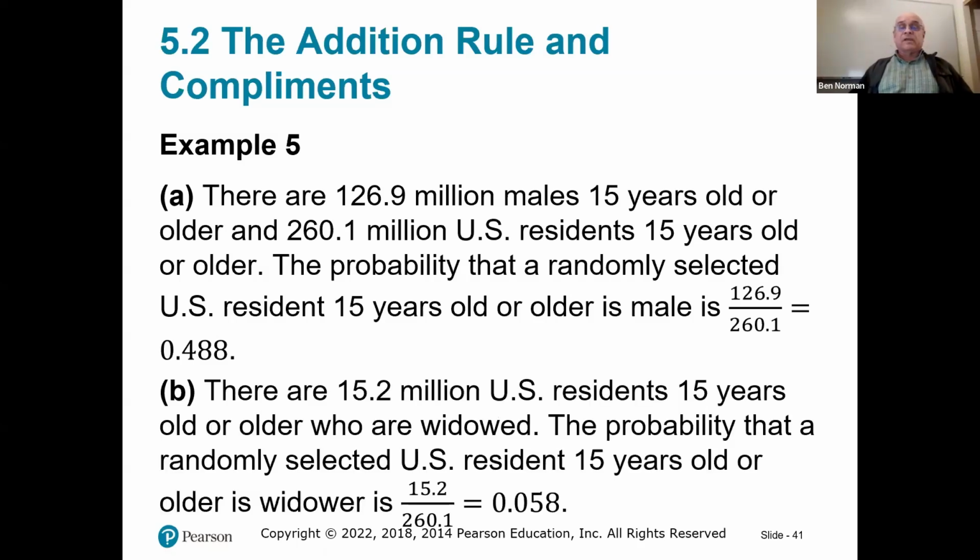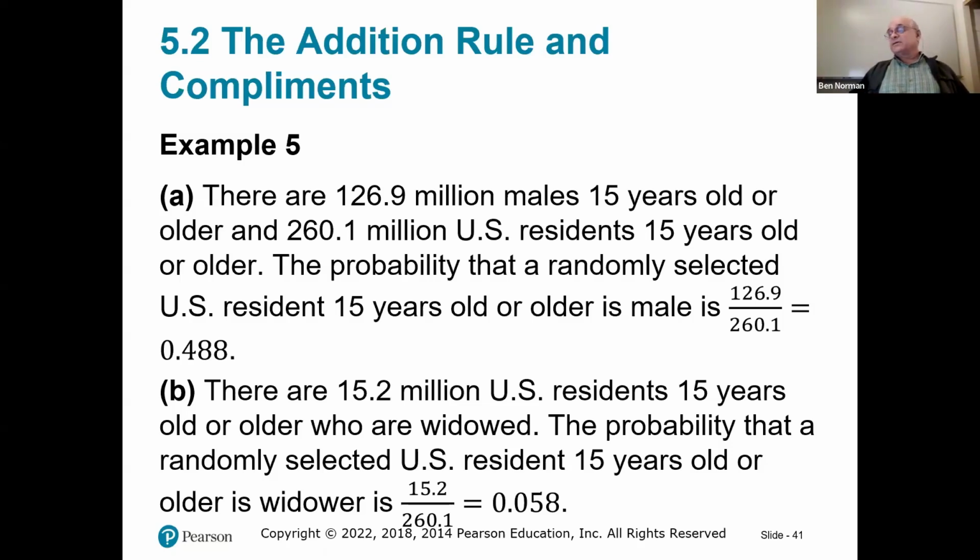Part B, there are 15.2 million residents who are widowed. The probability that a randomly selected U.S. resident is widowed is 15.2 over 260.1, to give us 0.058.